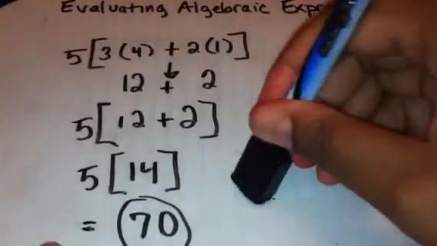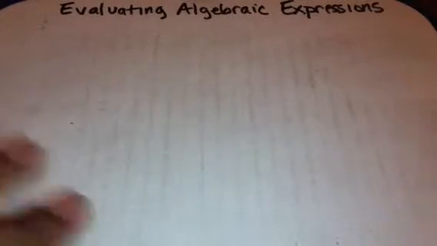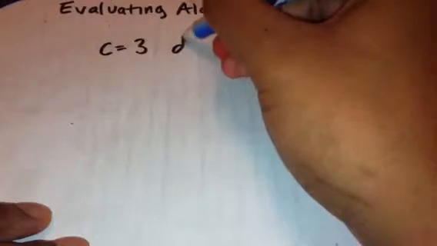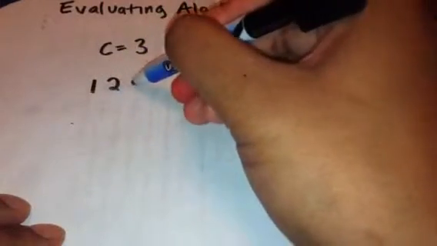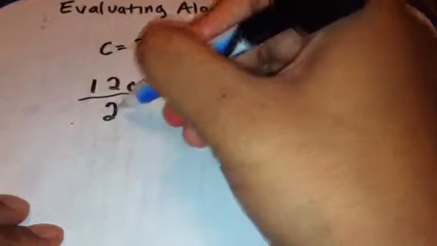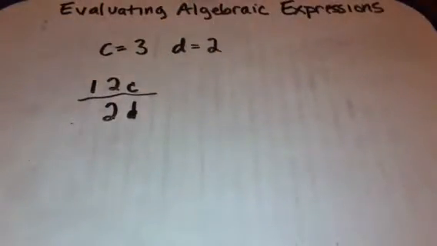Let's do one with substitution, because you'll see a lot of that. C equals 3 and D equals 2. You'll see many mathematics problems like that. And the problem is 12C over 2D.